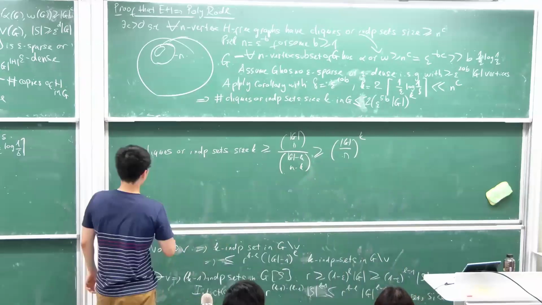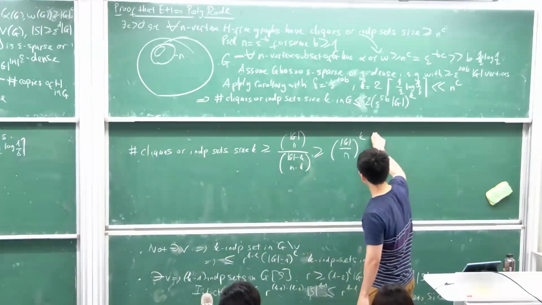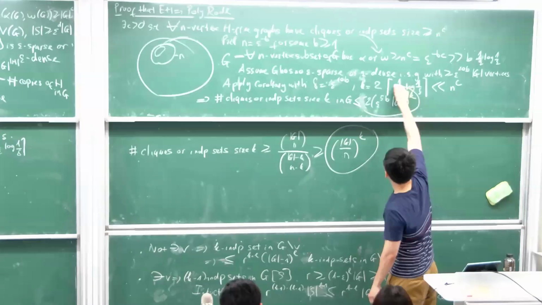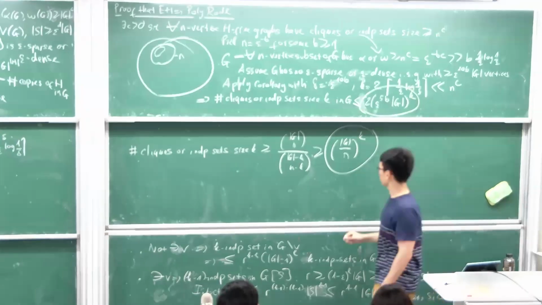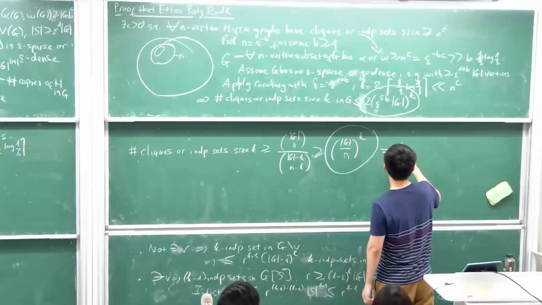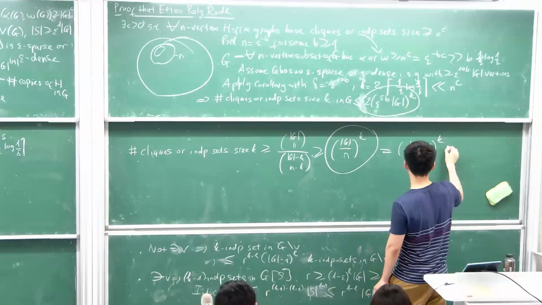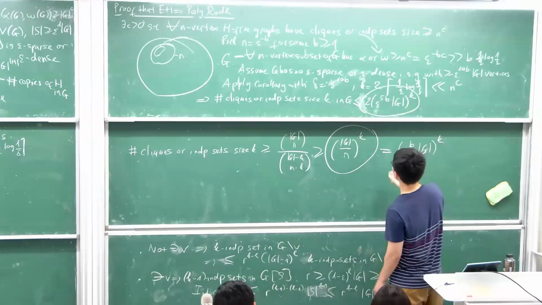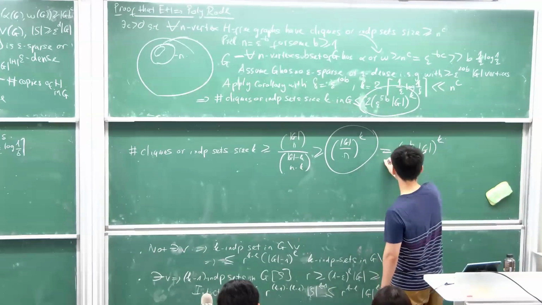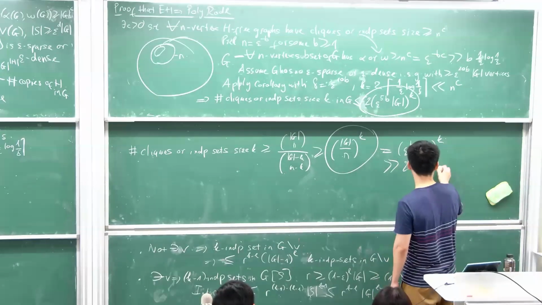Now if I want to reach a contradiction, then I need to show that this is much bigger than this. This is actually equal to epsilon to the b times G raised to the power of k. But of course, by the choice of n and b, it's much bigger than 2 times epsilon to the 5b.